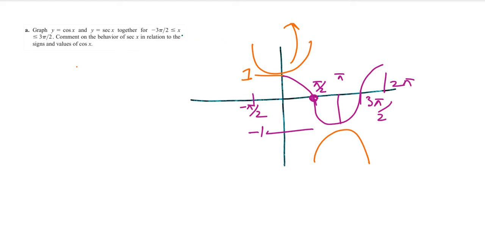And now we have to discuss these two graphs, from negative 3 pi by 2 to positive 3 pi by 2. Let me just draw this. Over here is negative pi, 3 pi by 2.